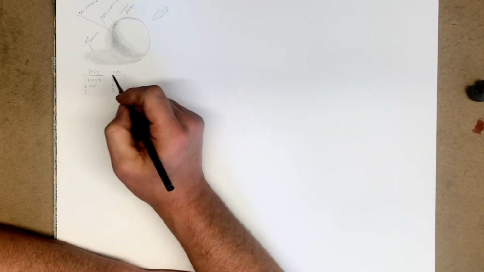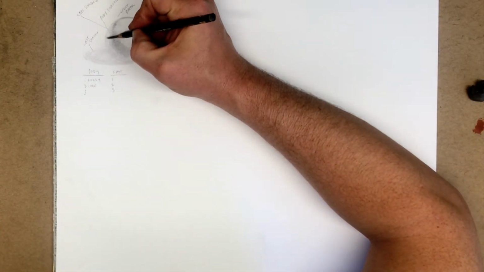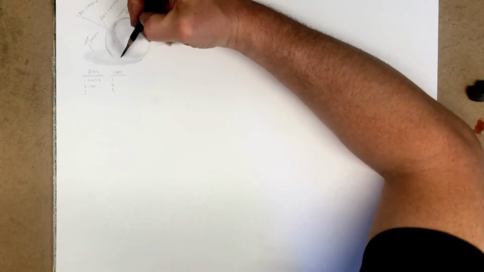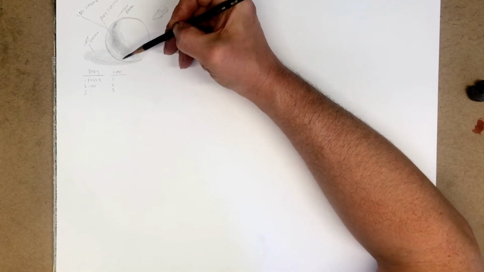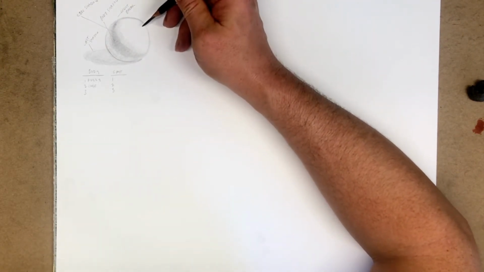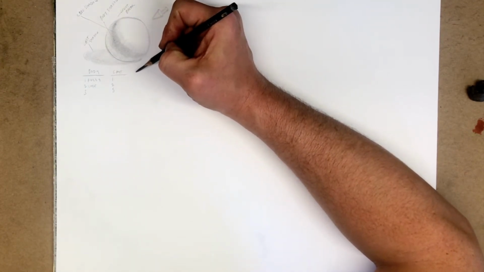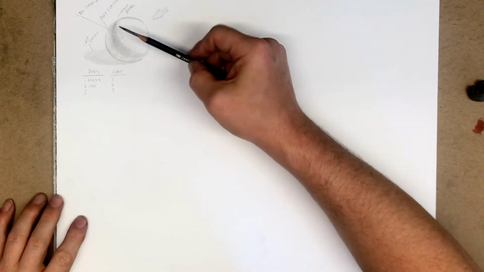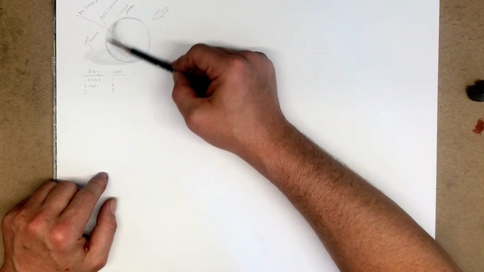They have cores. Third property is created in effect by the core shadow. It's a little bit of a lighter value at the edge of your sphere here. It's a reflection, a reflected light. So light is hitting the sphere. It's also hitting the table, the stand, whatever the sphere is sitting on, and reflecting back into the shadow, which results in a slightly lighter value on the shadow side.